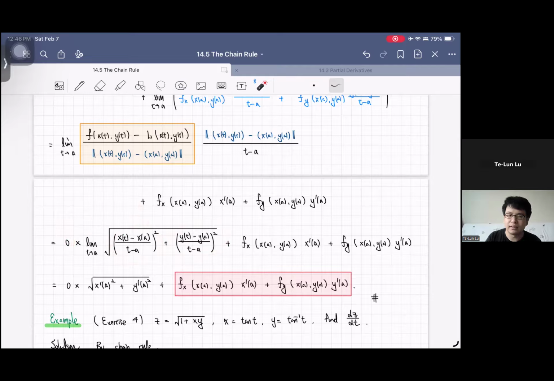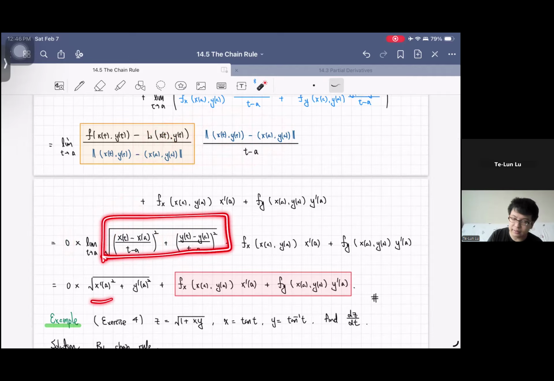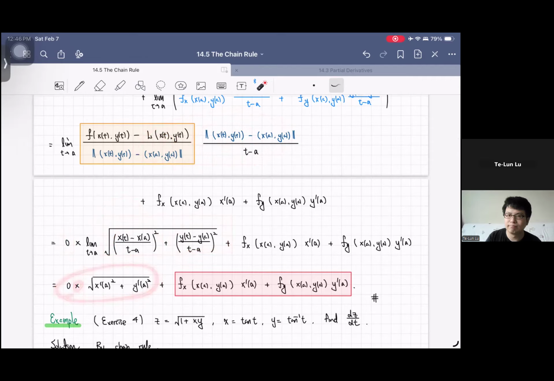I want to emphasize that even if we get a zero here, it does not automatically mean that the limit is zero, because this thing might blow up. As you see in Calculus 1, there might be some indeterminate form like 0 times infinity, and in that case, you cannot determine a limit by this simple algebra. But in this case, this term converges to a constant like this, the square root of x prime of a squared plus y prime of a squared. So 0 times that is obviously simply 0.